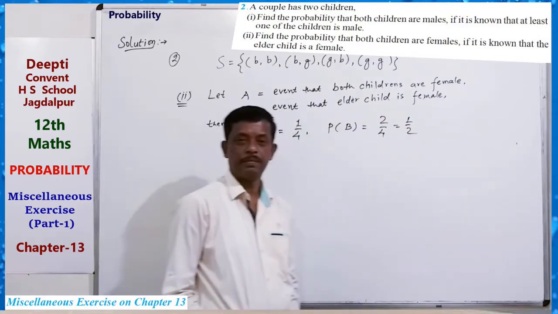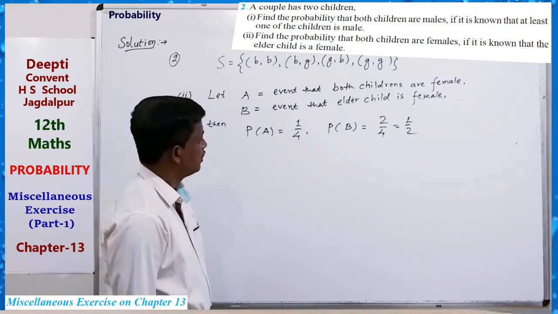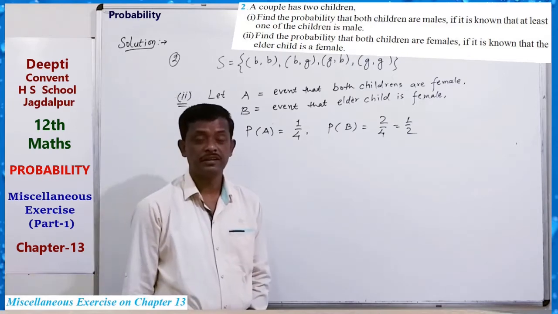Now, what will be A intersection B here?